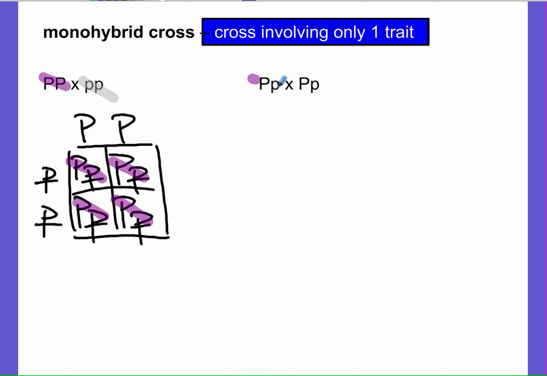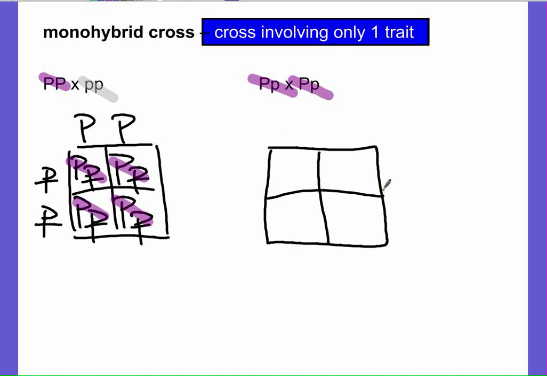So that's this example over here. If I'm going to cross 2 purple heterozygous individuals, I should see some different results. So again, make your square, put one parent on one side, the other parent on the other. It doesn't really matter which one goes where. In this case, they're both the same, so it definitely doesn't matter.